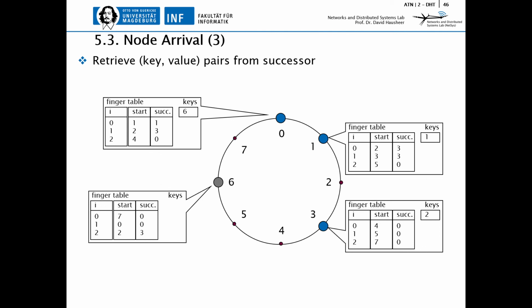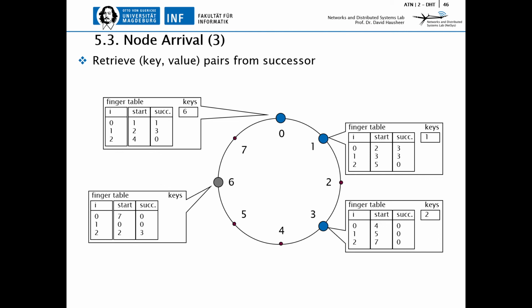Now, finally, we also need to retrieve the key-value pairs so that the new node takes the corresponding share in keys that are stored in the network. According to the definition, every node is responsible for all the key-value pairs for which its own node ID is essentially the successor.